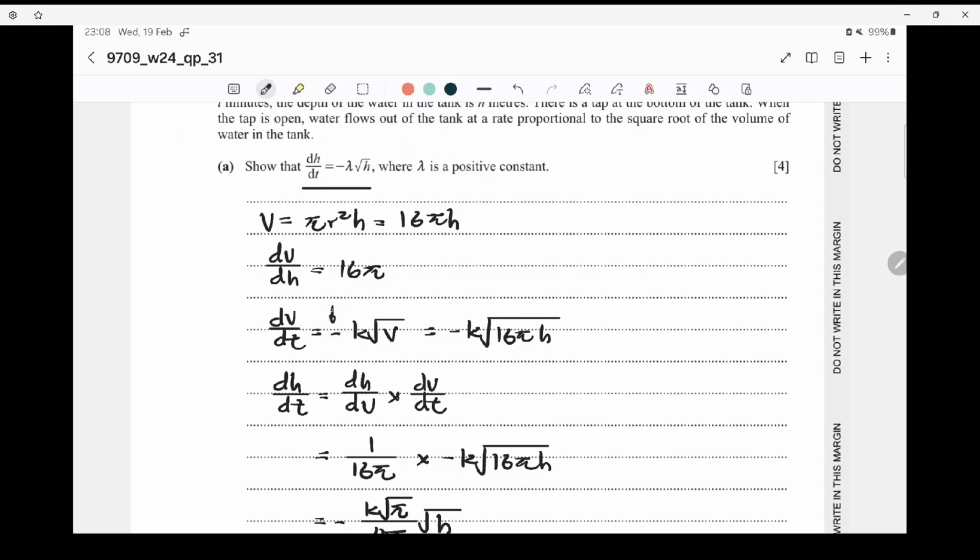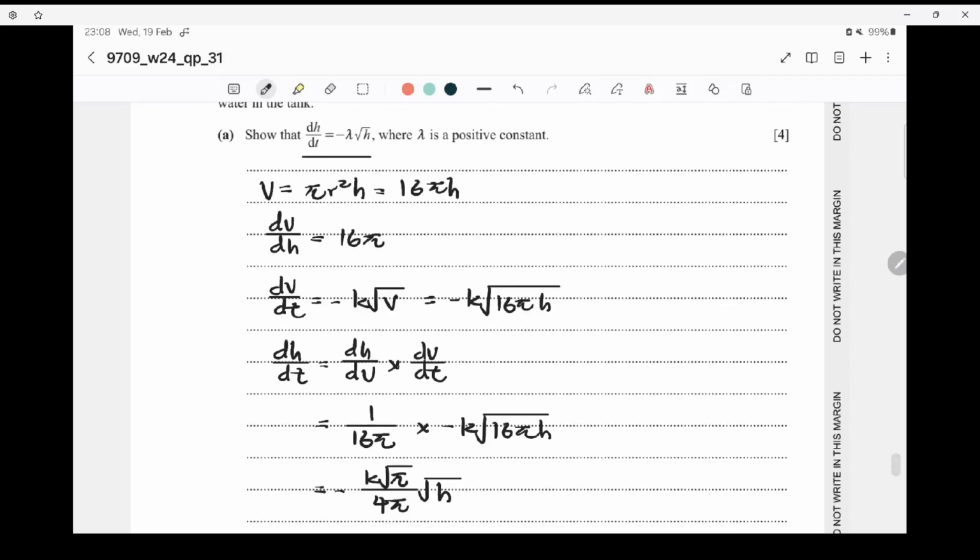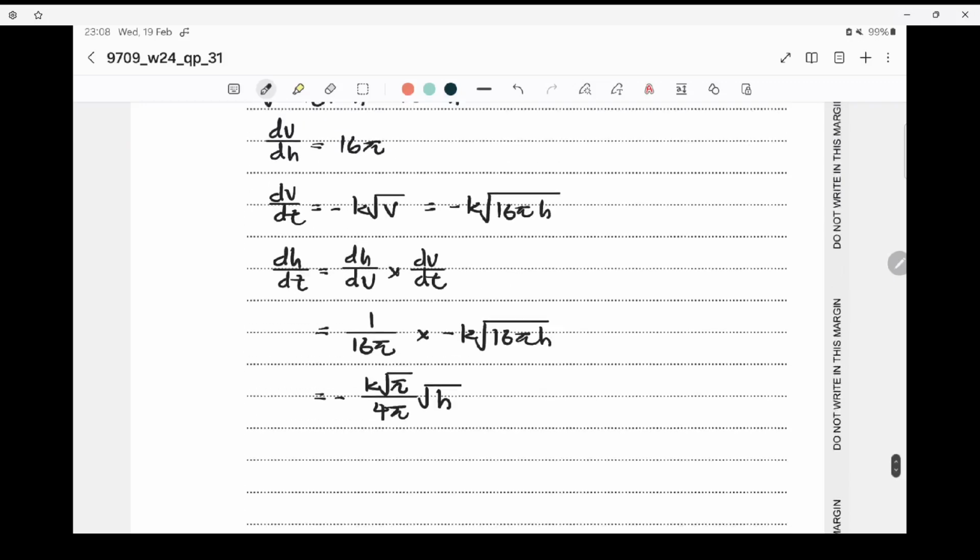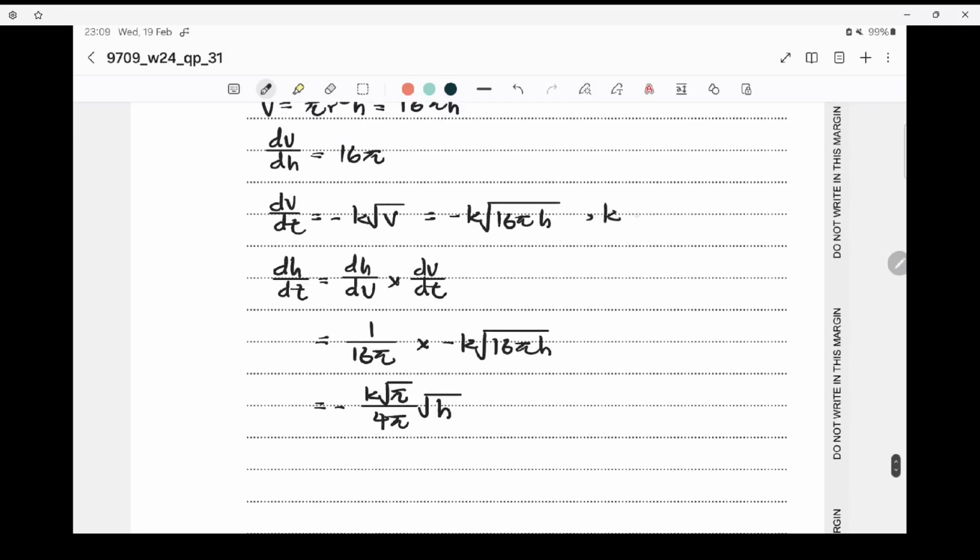I preemptively took out the negative sign, so k has to be a positive constant. k cannot be negative, because then you would be adding water in, as it would cancel off with the negative sign.